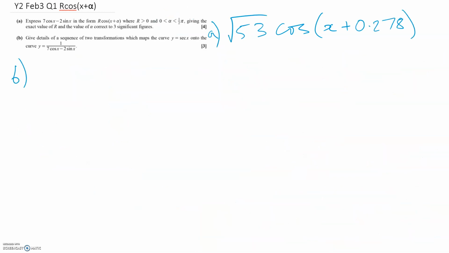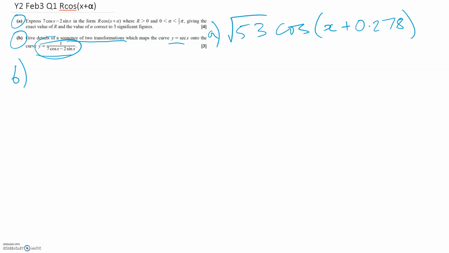Part B looks a bit of a strange one. It's saying a sequence of two transformations which maps sec x onto this curve here. So it looks a bit of a strange question, but as usual with A-level maths, one thing to look out for is if ever part B of a question looks difficult, then have a think and see if part A is going to help you out.